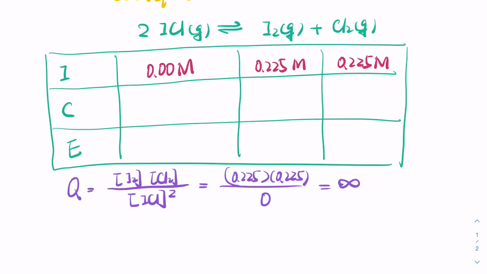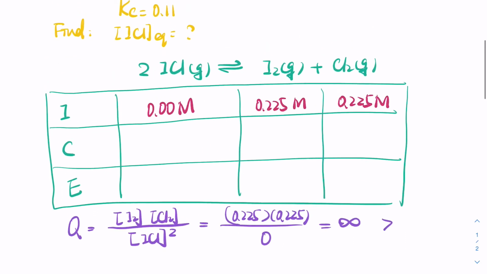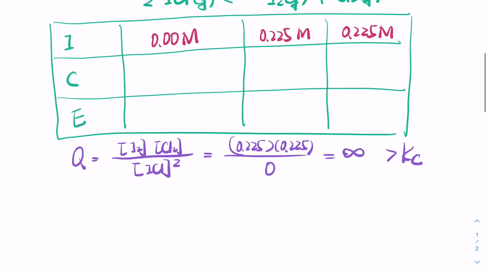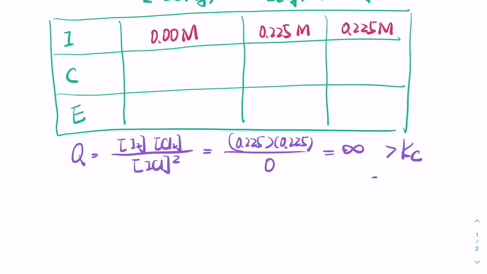So Q is bigger than Kc, which means the direction goes to the reactant side.